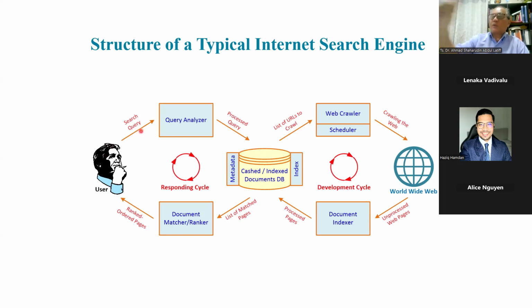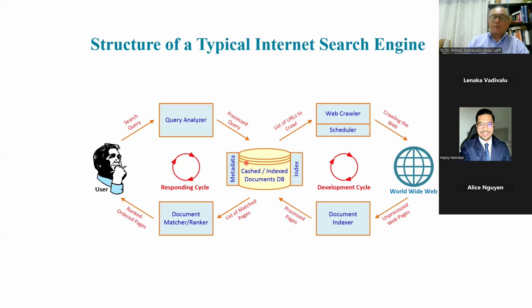Google, Yahoo, and so on, there is a query form. Once you have this query form, it will analyze them. It will apply natural language processing to process the query and determine which is relevant to the query. So if it is derivative words, it will be stemmed to the root word or stem word.